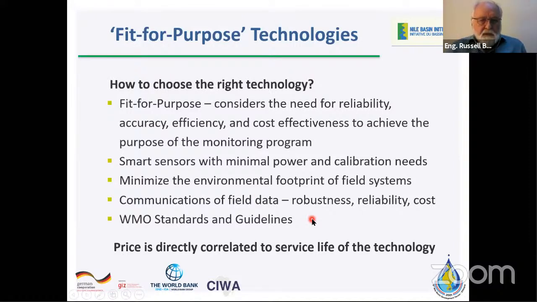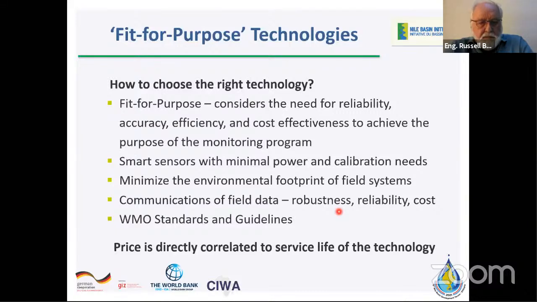One of the key things of the technologies for fit for purpose is communications, which is really the major advancement that's occurred over the last 10 to 15 years, the ability to have near real-time data from your field site in a fairly cost-effective, robust manner. And I would just like to promote the Nile Basin with the EUMETSAT services that are available, and being WMO member countries, as this service is actually available free to you for hydromet services in the basin.